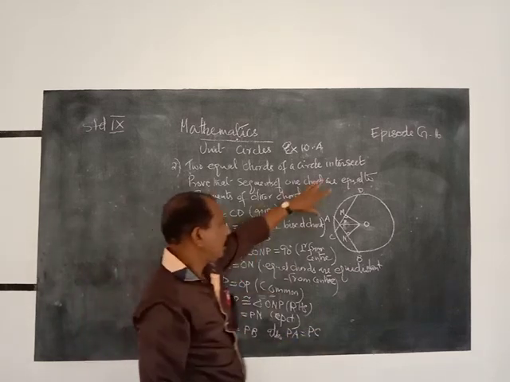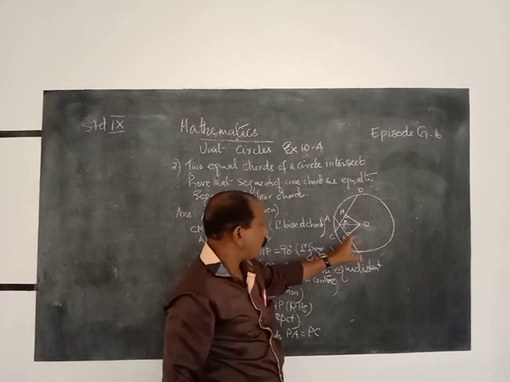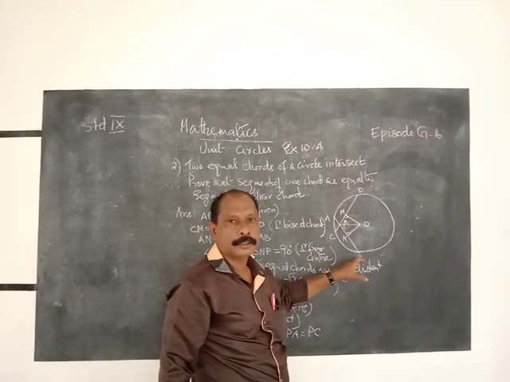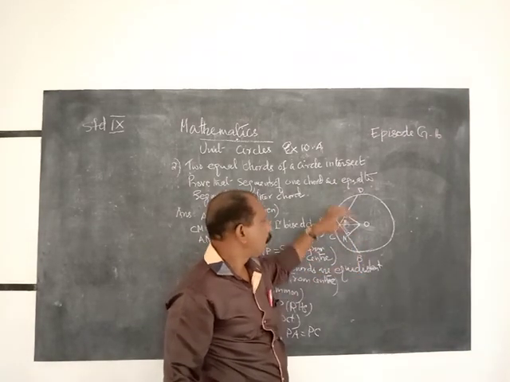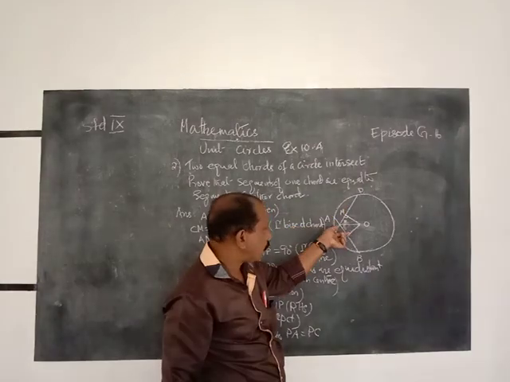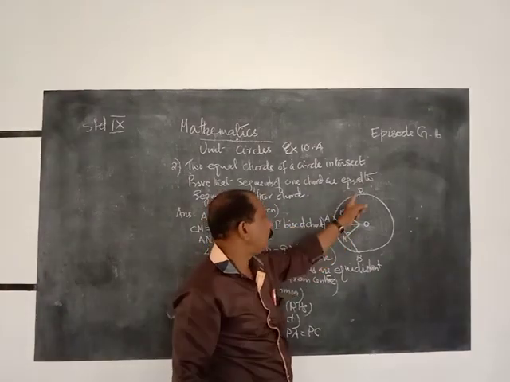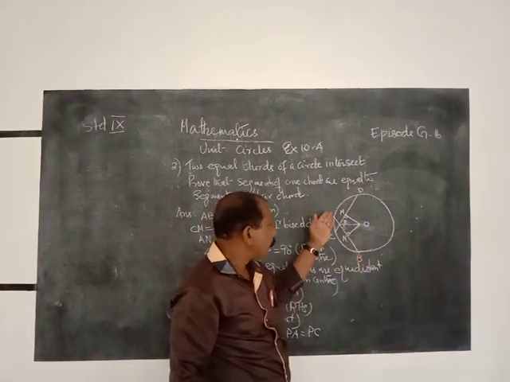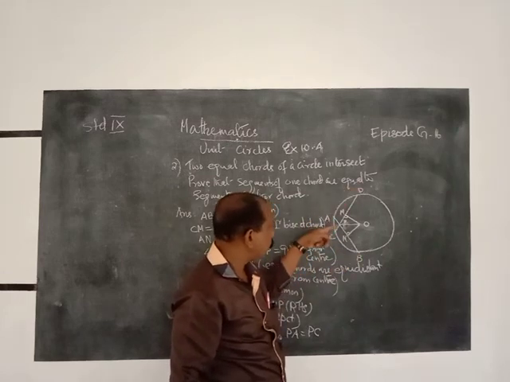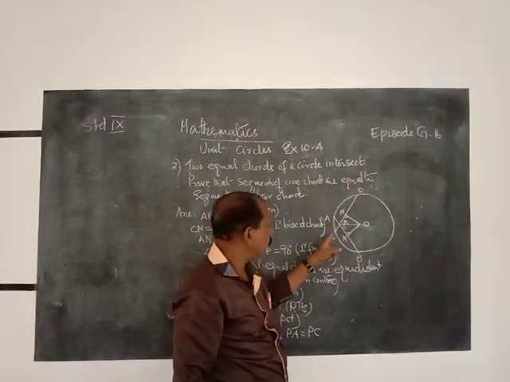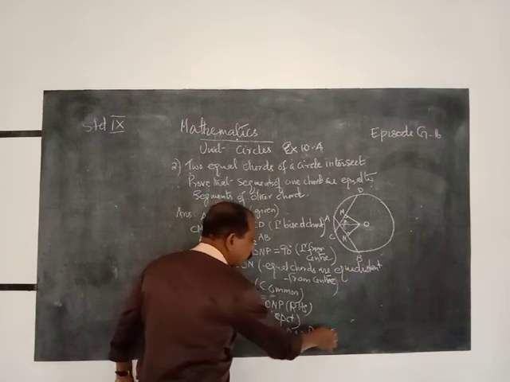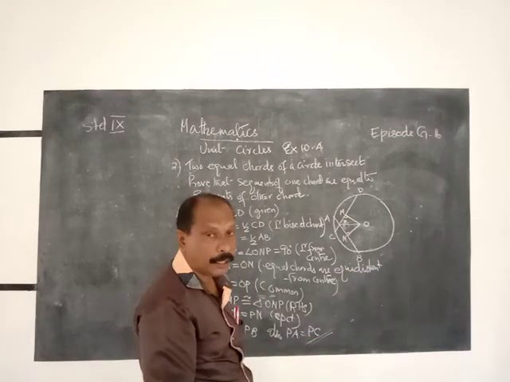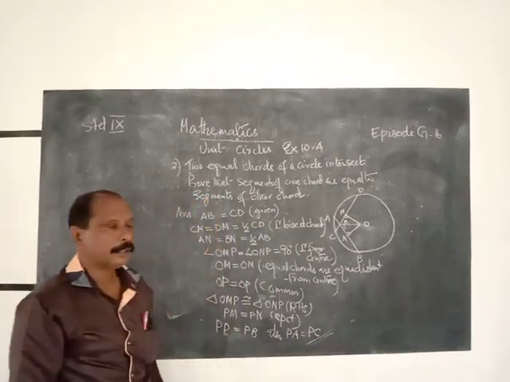That means MD is equal to NB because that is the bisected chord. These two sides are equal. Therefore, PD is equal to PB. These two are equal. Therefore, AP is equal to CP. That means the segments are equal. Clear?